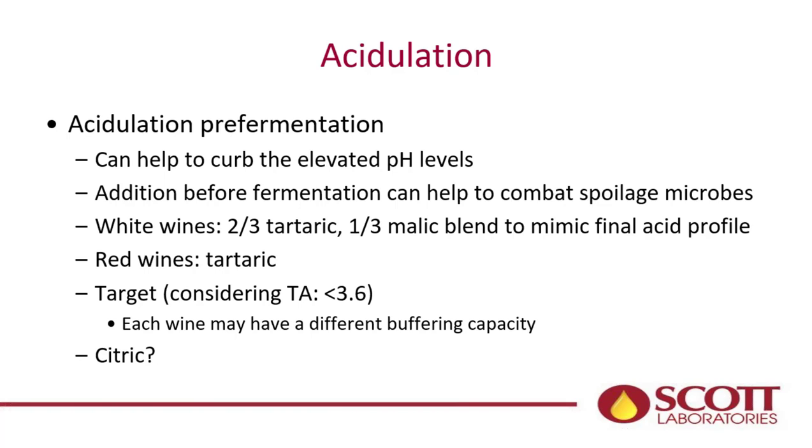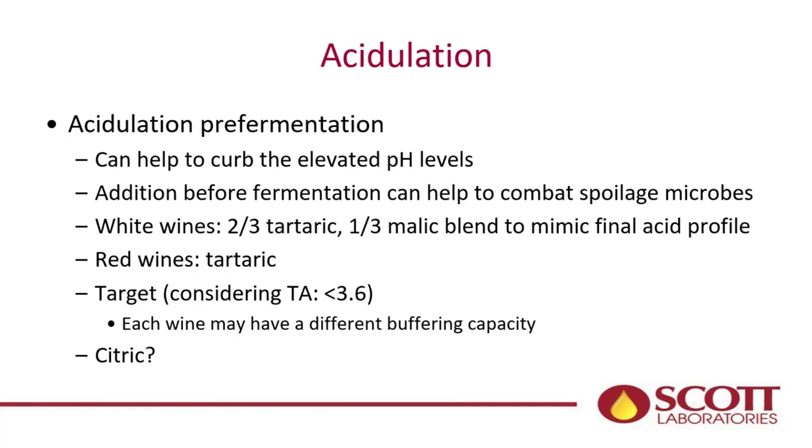If there's some rot or insect or bird damage, the growth of spoilage organisms and the resulting metabolites, things like VA and mousy taint, can really occur very, very quickly. So, ideally, if you could acidulate as soon as it's picked, that would be ideal. I know the logistics of that may be insurmountable, but it's something to consider.